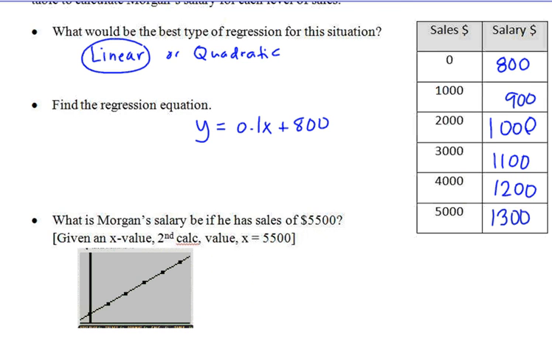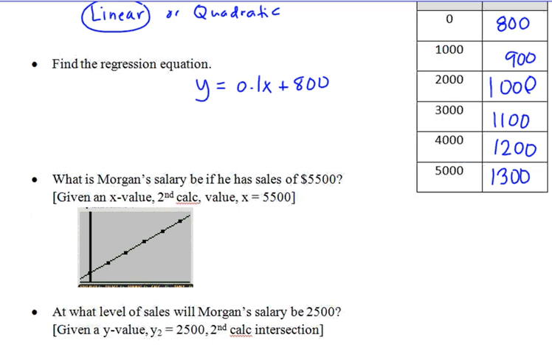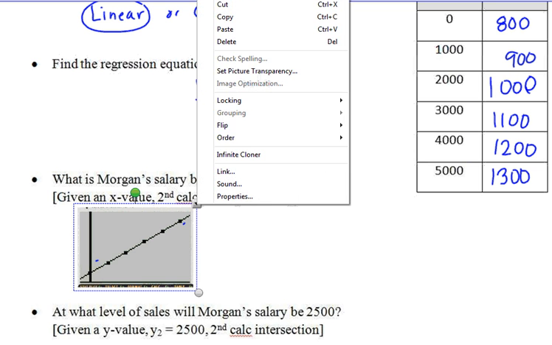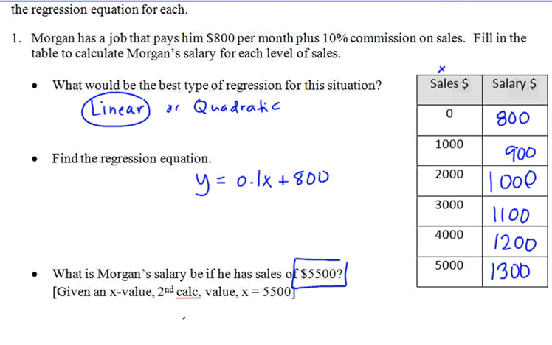Oh, what would the quadratic be? We'd have to do the regression equation. Okay, delete that. What is Morgan's salary if his sales are 5,000? I'm going to teach you something new today. Okay? So in your table, this is your x, this is your y.